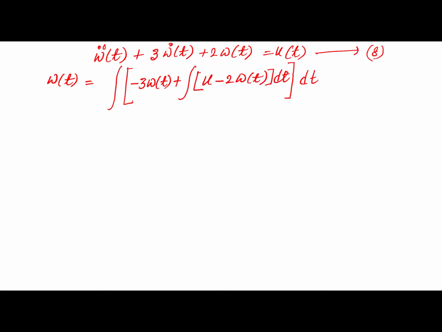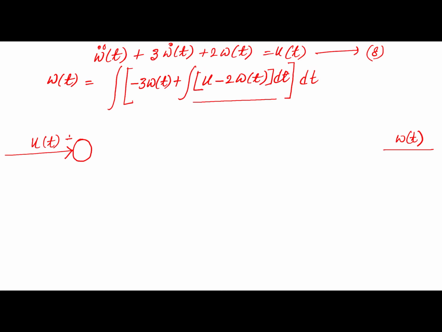First I will consider this portion. So it has two components, u and omega. U is input and omega is output. So there is a summer.